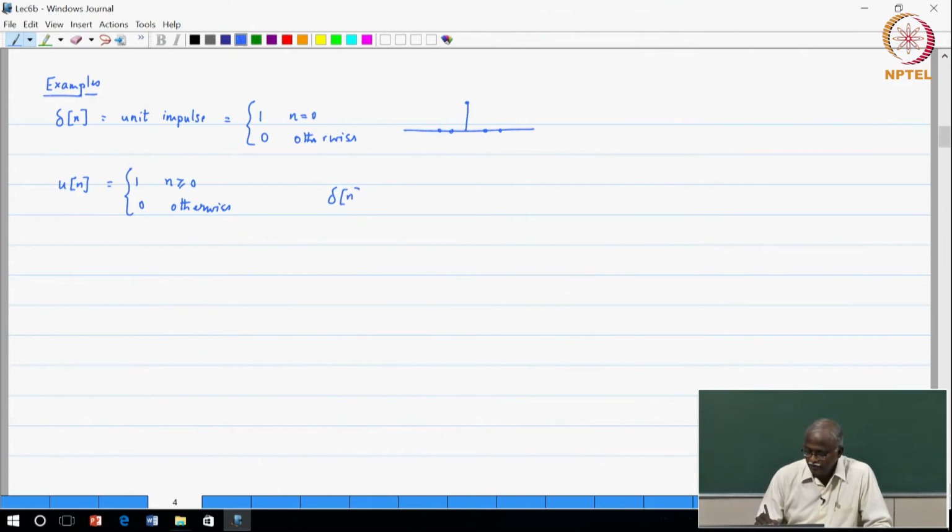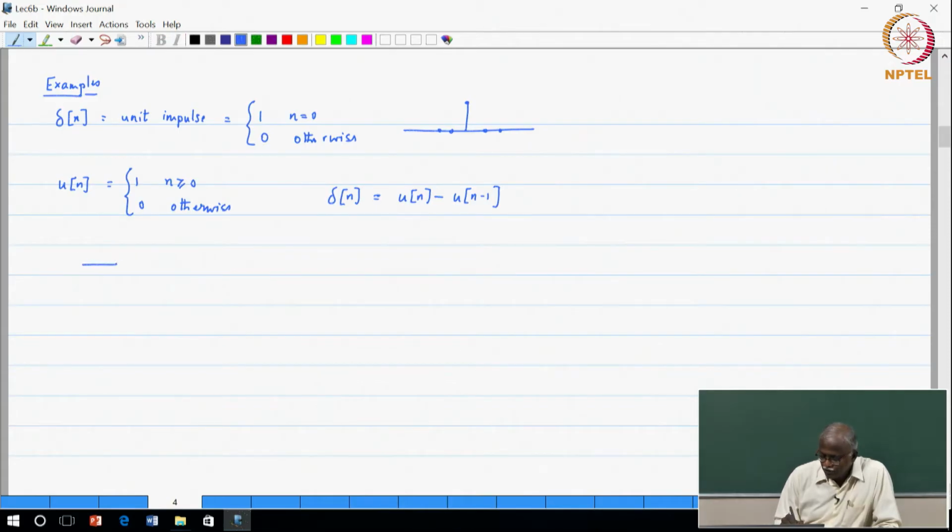So, delta of n can be viewed as u of n minus u of n minus 1, the unit step minus the unit step shifted by 1 unit of time. Several such simple sequence manipulations come in handy for specific applications, and we will highlight that, but it is something for you to keep in mind. Similarly, there is a unit ramp function which can also be related, and several interesting results can be obtained. I am sure you can look up the references.